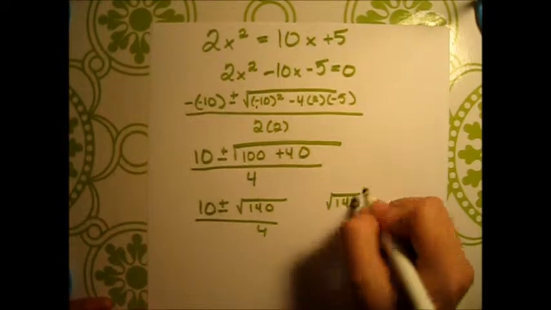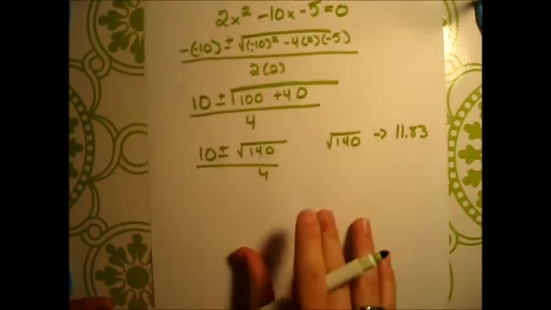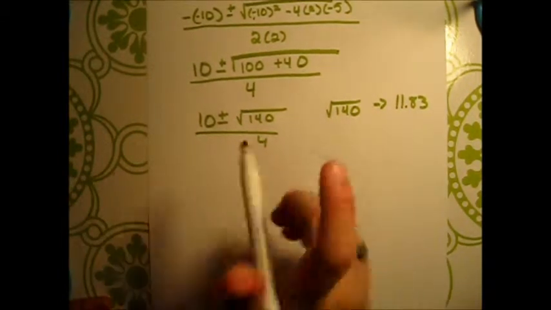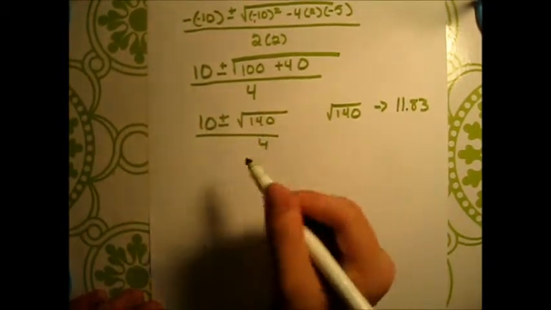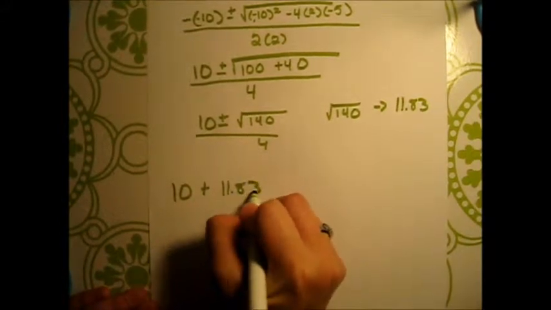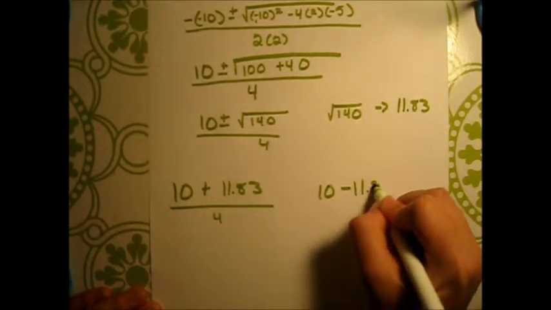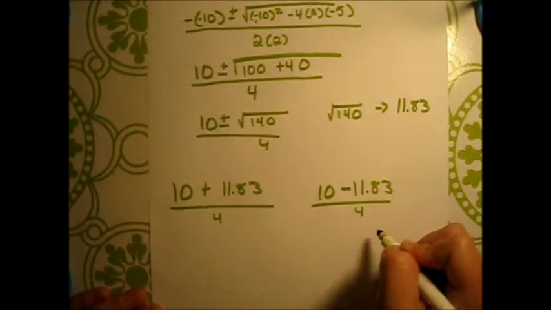And the square root of 140 in this case is going to be 11.83. Now we're going to split this up into plus and minus. So over here we're going to have 10 plus 11.83 over 4. And over here we're going to have 10 minus 11.83 over 4.